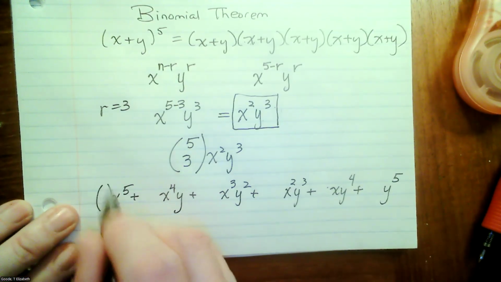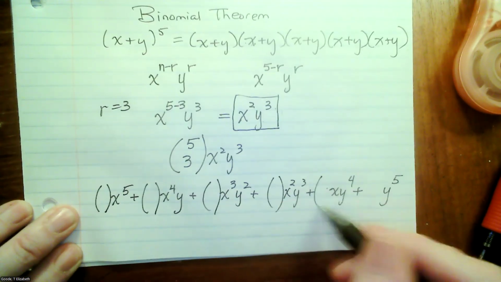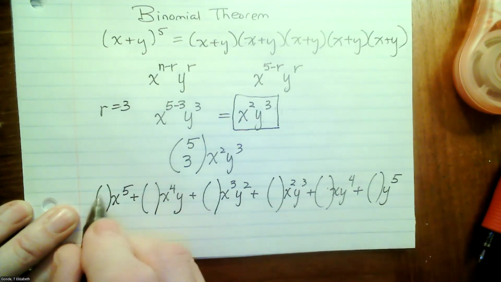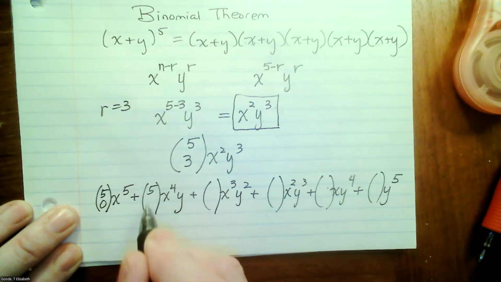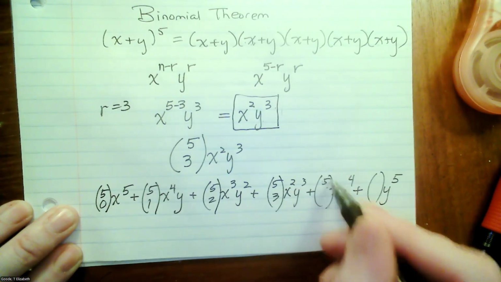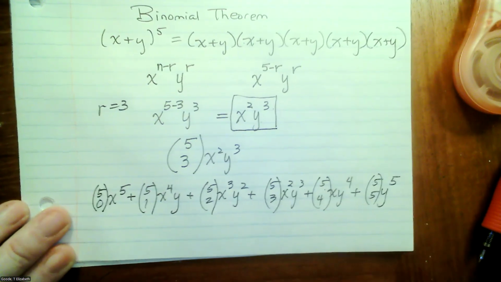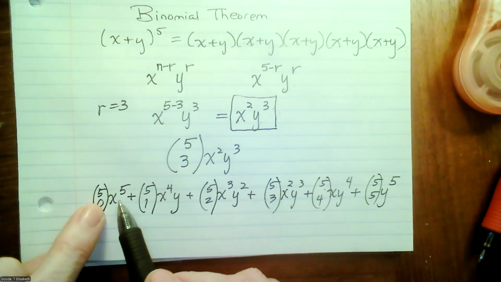These coefficients that tell us how many of each of those we can get are 5 choose 0, 5 choose 1, 5 choose 2, 5 choose 3, 5 choose 4, and 5 choose 5.